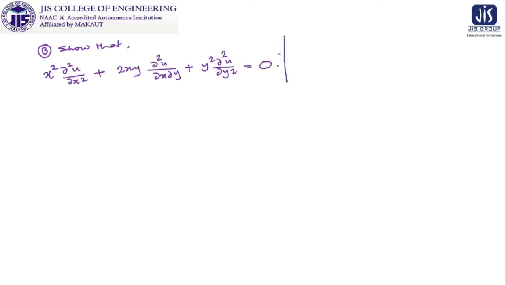Here the question is, show that x square del 2u del x2 plus 2xy del 2u del x del y plus y square del 2u del y2 is equal to 0, where u is equal to x f of y by x plus g of y by x.